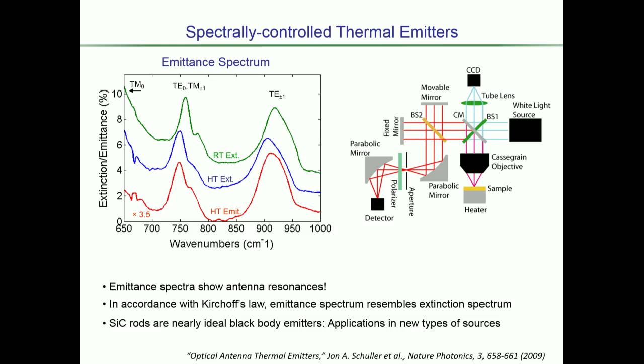So we tried to use this to manipulate thermal radiation. And here's one example where within an FTIR microscope, we could take both extinction spectra as a function of wave number or frequency, and also look at, when we heat up these little silicon carbide whiskers, the thermal emission from the whiskers.